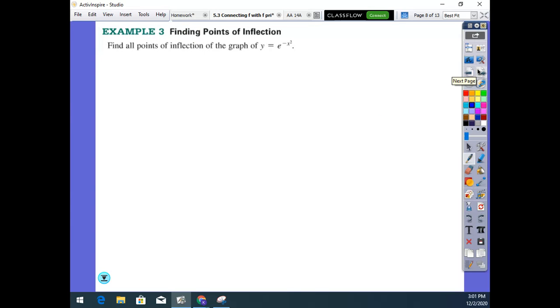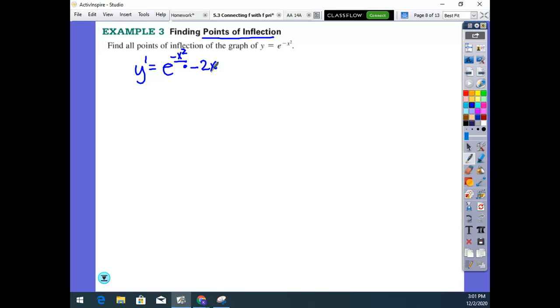All right, so example 3. First of all, it's not an easy derivative, let alone second derivative. So we're just looking for points of inflection. So we start with the first derivative. So e is e, chain on the derivative of the exponent.